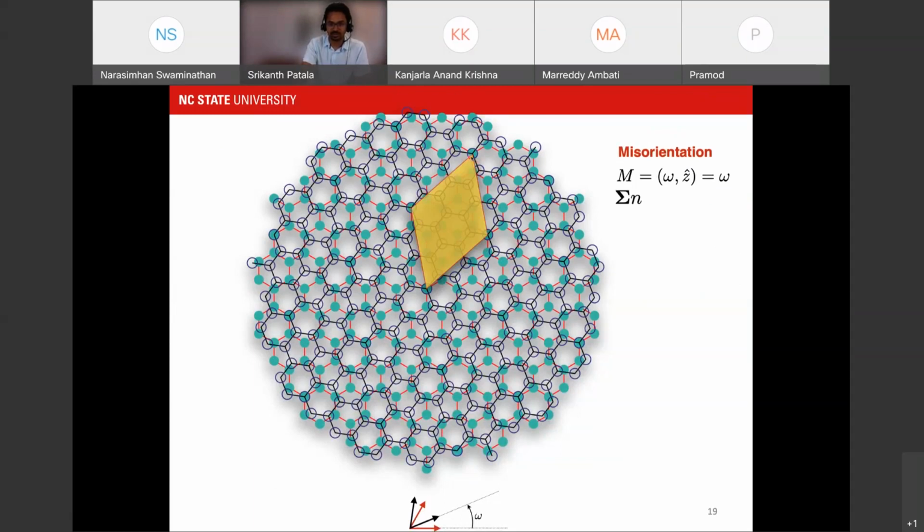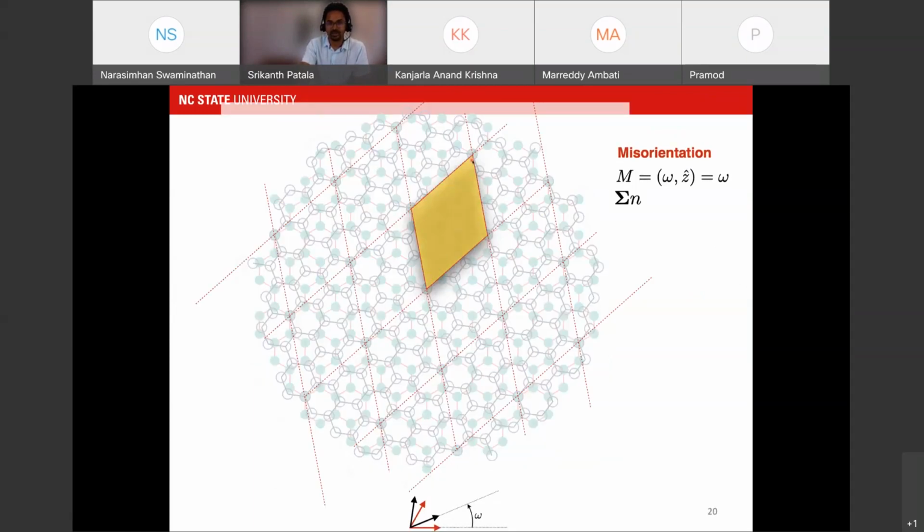There are atoms that coincide on top of each other, and that lattice is what we are interested in. What is the misorientation that gives me that coincident site lattice? I guess that is the more important question here. How do we generate these misorientations, and how can we do it in an automated fashion?